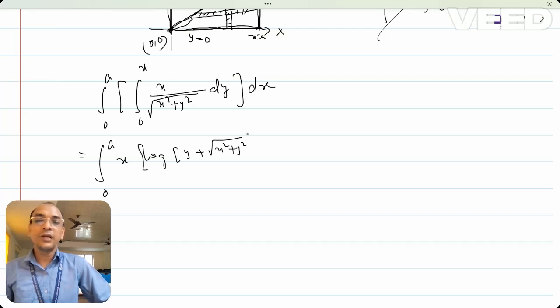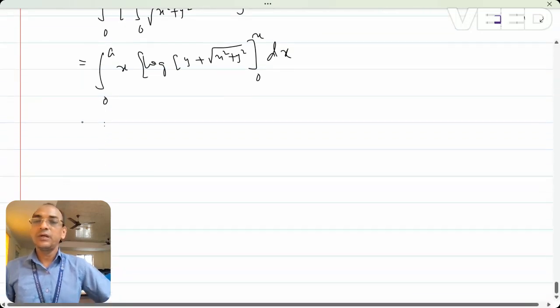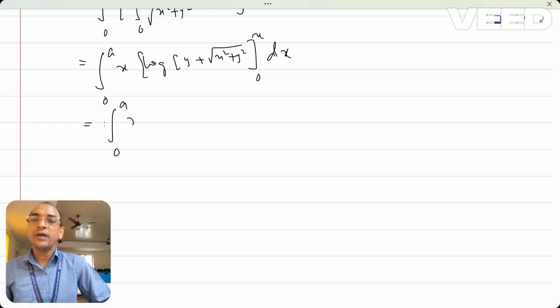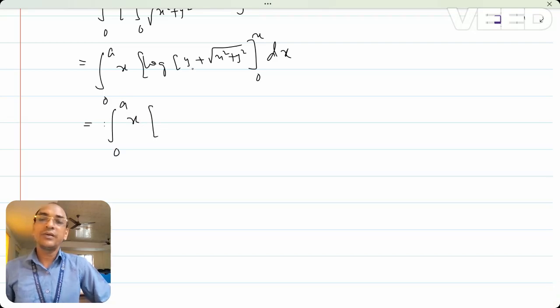And now I will put the limit from 0 to x, and whatever answer I get, again I will integrate it with respect to x. So now this will give you integration 0 to a x, and if I put the upper limit and lower limit, what will I get? Upper limit means y equal to x.